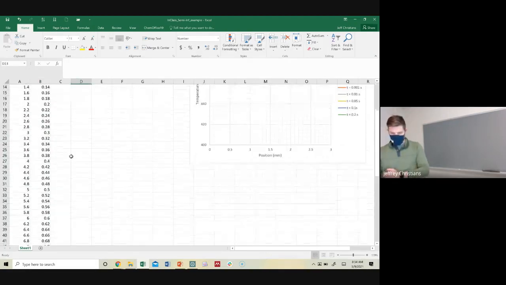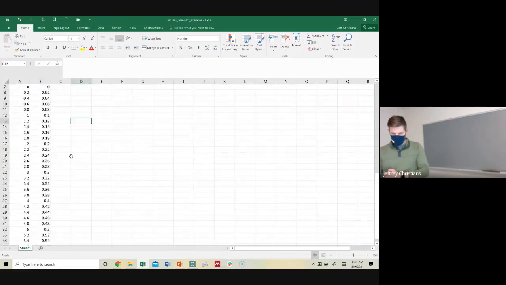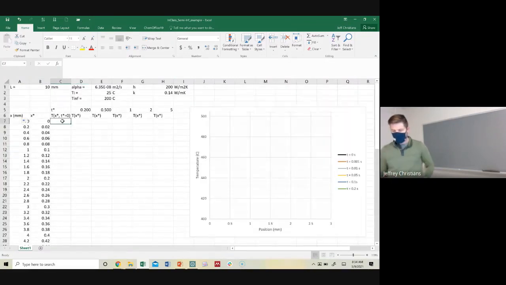Okay, so X star goes from 0 to 1. Perfect. So our initial temperature is 25, but we'll hold off on kind of looking at that. It's going to be 0.